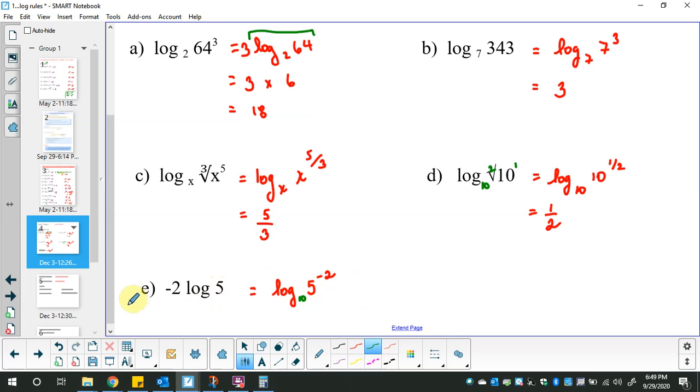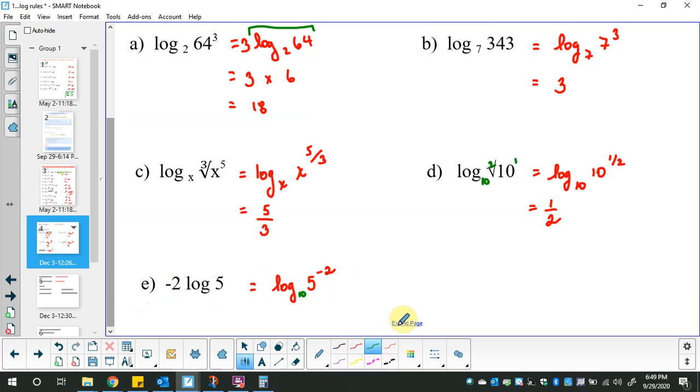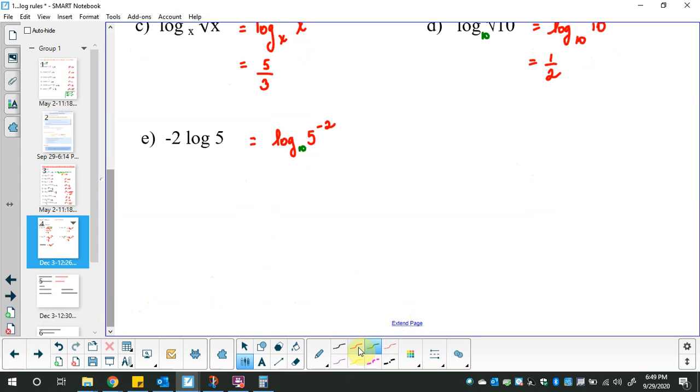I can do this on my calculator. I can evaluate. Now I'm going to impress some of you with my knowledge. 5 to the exponent -2 is 1 over 25. I'm going to put that in a bracket because it's a bit bulky.